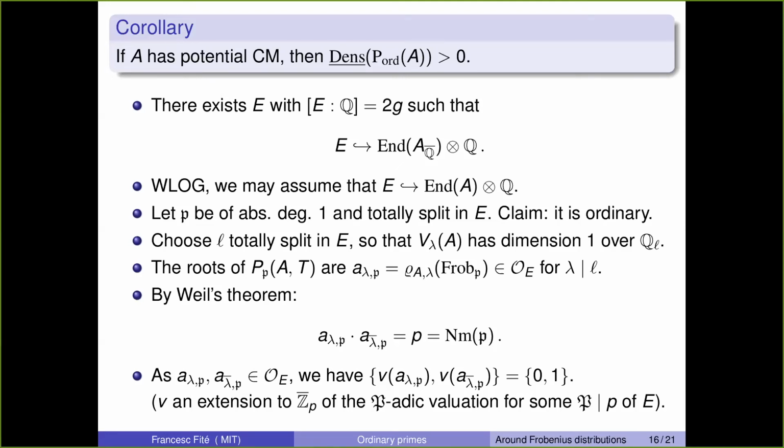So each pair provides a root which is a p-adic unit, and we get g roots which are p-adic units in total, and therefore P is ordinary for A.